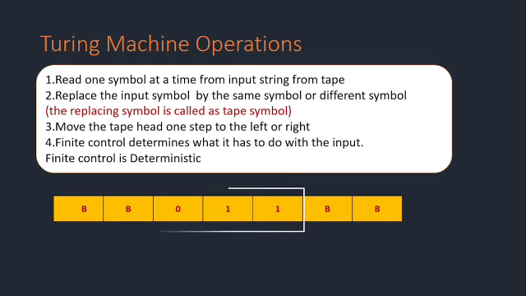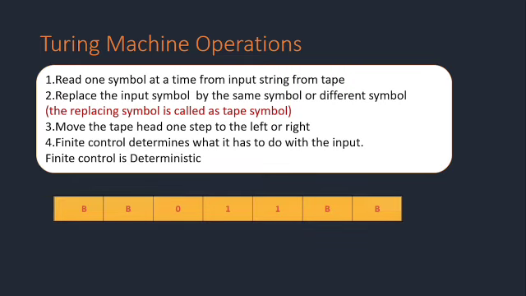This part is called the input string. Now this entire input tape is called an infinite tape, isn't it? So we will just scan this input tape. Now see here, this entire tape is called an infinite tape.